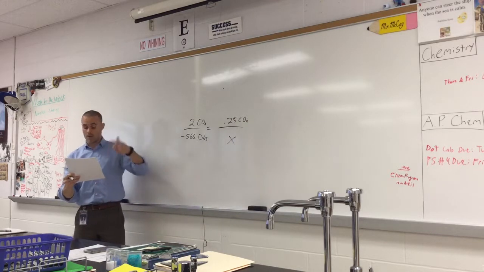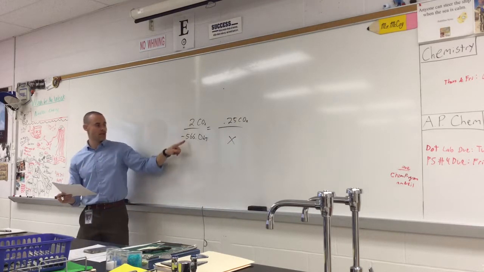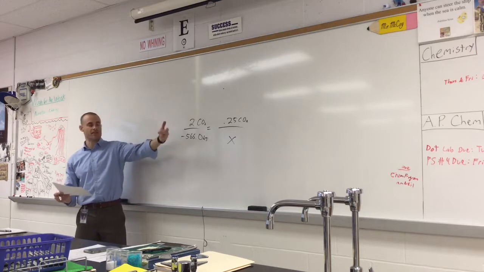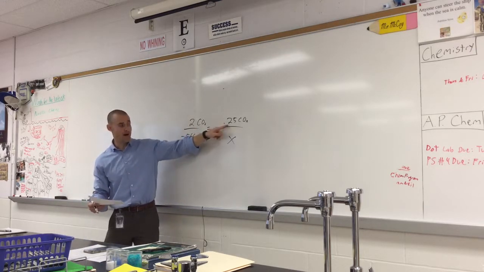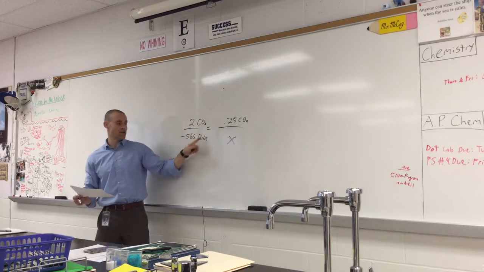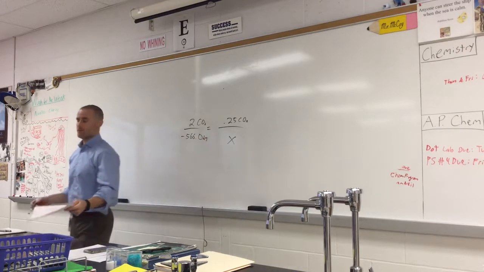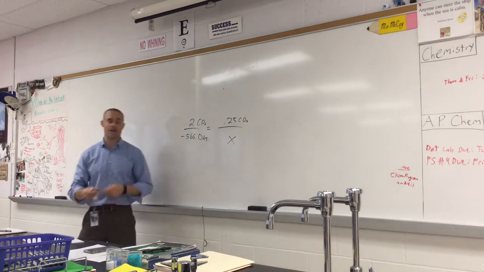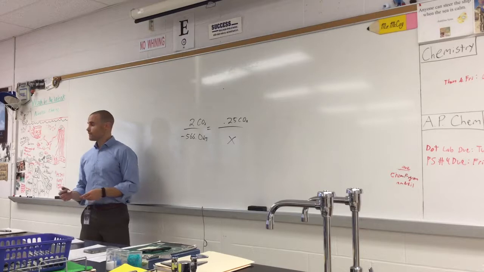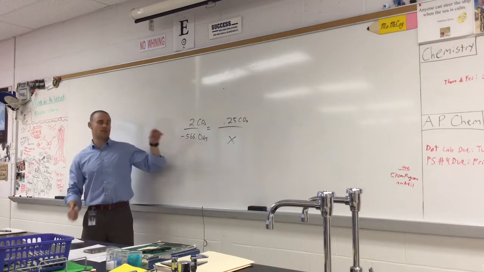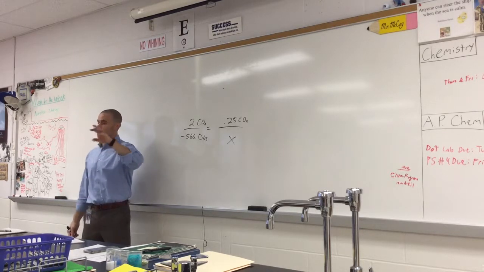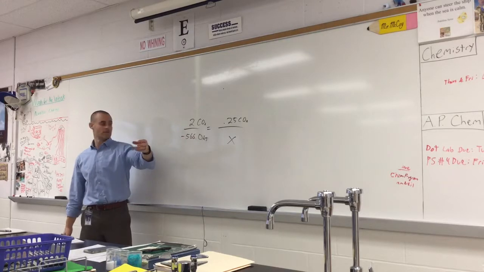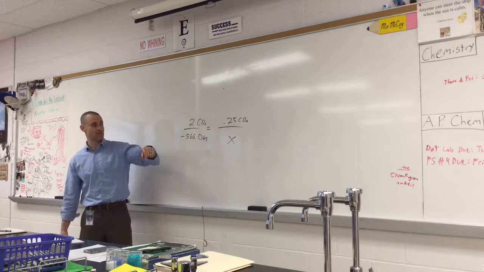So if 2 moles are produced, this is how much heat is released, exothermic. If 0.25 moles are produced, what do you think? Should this number go down or go up? Down. You should have a smaller amount of heat released. The negative sign is just telling us it's released. So the actual number will be smaller than 566.